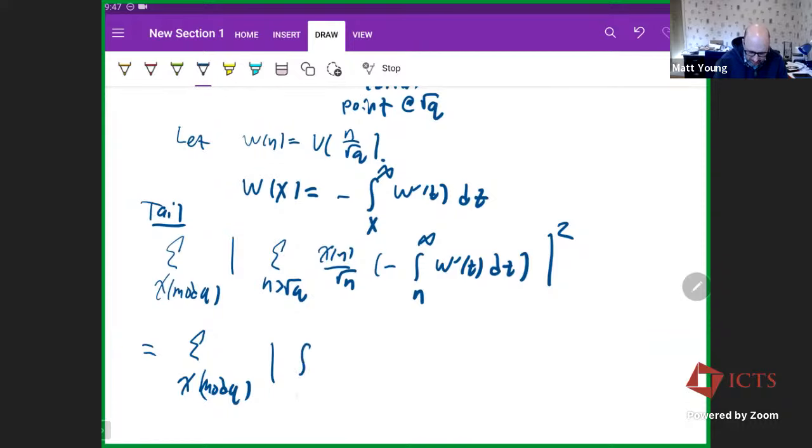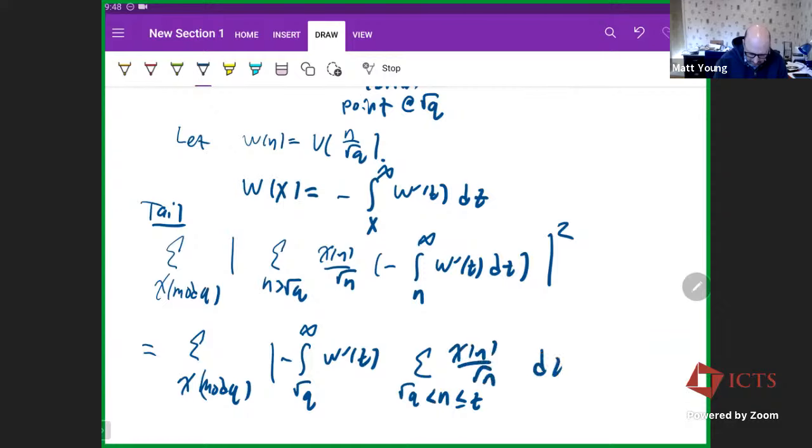Now when I switch the order of integration and summation, the lowest n ever gets to is root q, so the lowest t ever gets to is root q. I've got w prime of t, and then, with n going between root q and t, the sum of chi of n over root n, dt, squared.